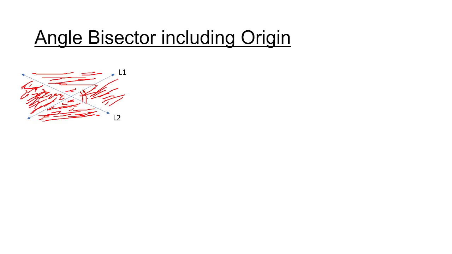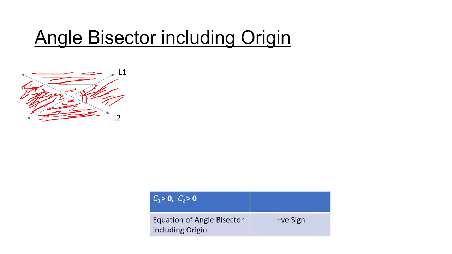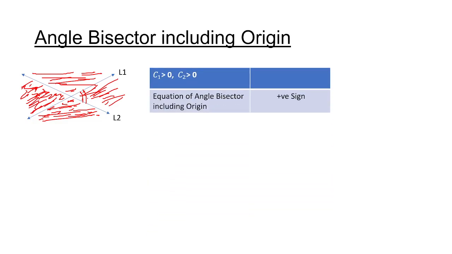Now next, how to find this out? This is also very simple. First we have to make the signs of C1 and C2 positive, means C1 and C2 should be greater than 0. Then we have to take the positive sign and find out the angle bisector of lines L1 and L2.